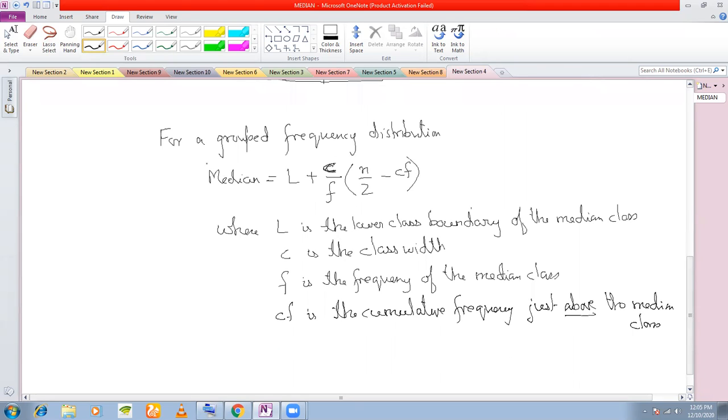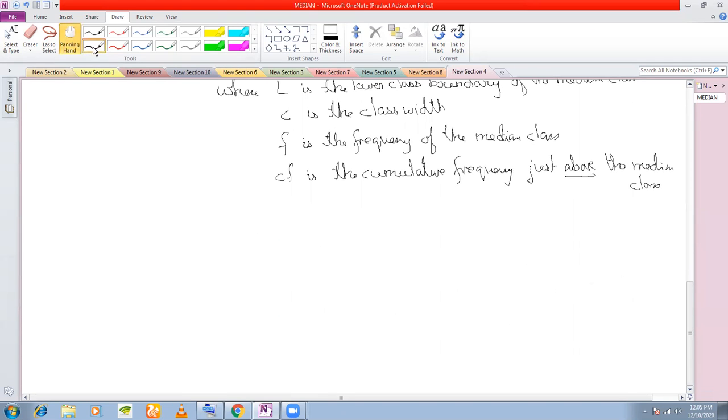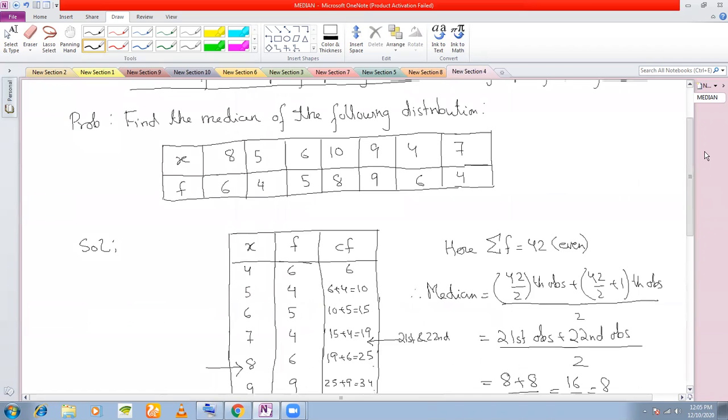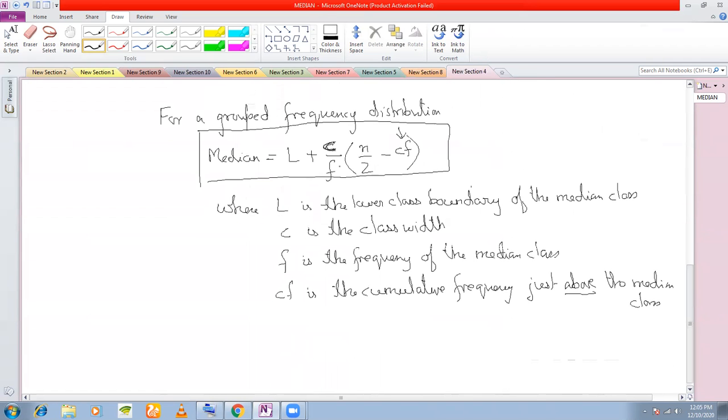So this is the formula. Remember this formula, and remember everything here is from the median class except the cumulative frequency here. The cumulative frequency will belong to the class above the median class. So with this, let us solve a problem. So this is median for a group frequency distribution.